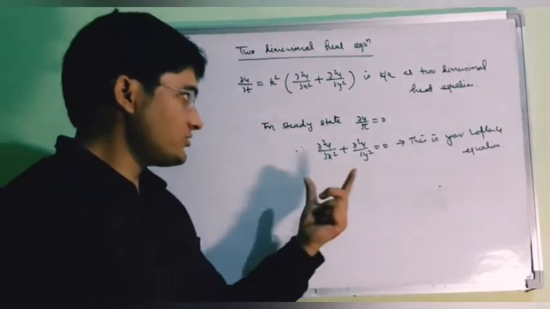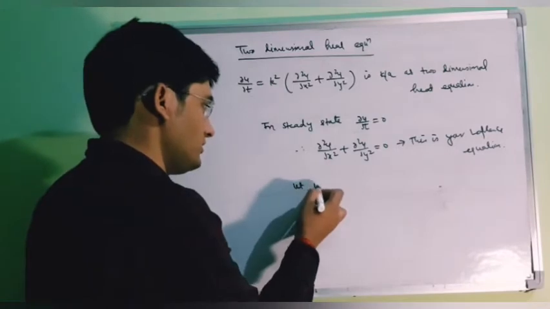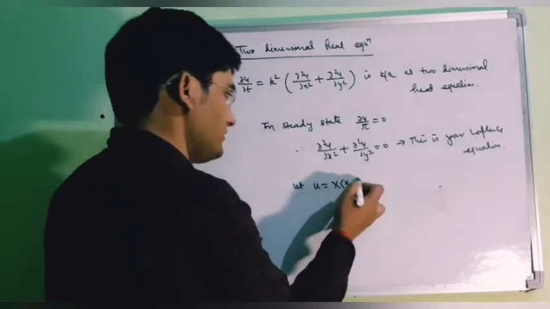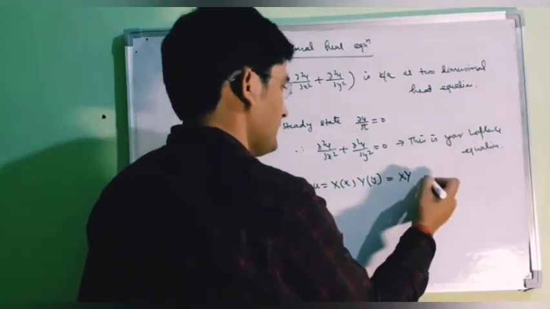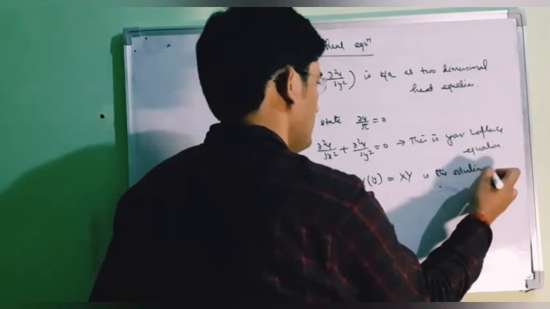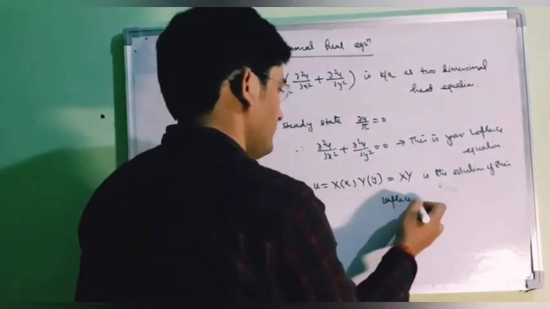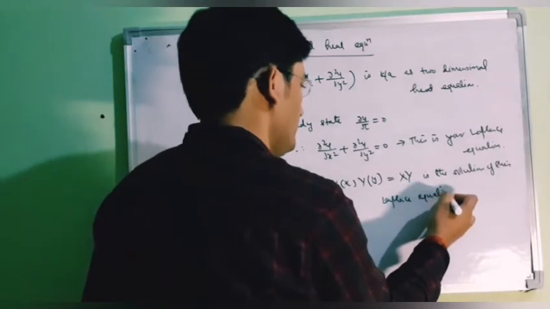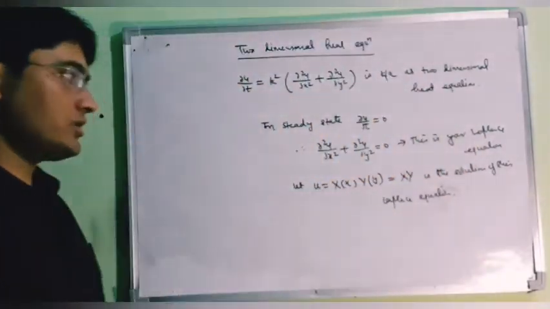Now let us find out the solution of this Laplace equation. So let u equal to X(x)Y(y), that means simply u(x,y) is the solution of this Laplace equation. Now if this is the solution, then it must satisfy this Laplace equation.